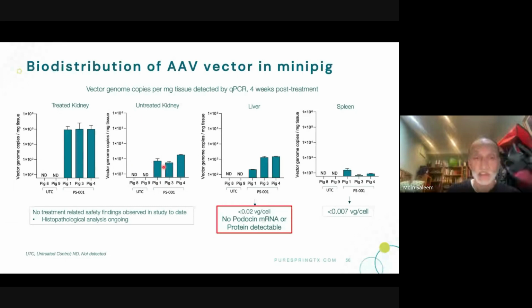So you get much less. This is in the liver. The liver is usually a sink for any virus that you put into the body, and you've got very low levels in the liver. And as I say, this is how much virus gets in. There is actually no detectable protein in the liver seen, so that's really encouraging, and in the spleen even less.